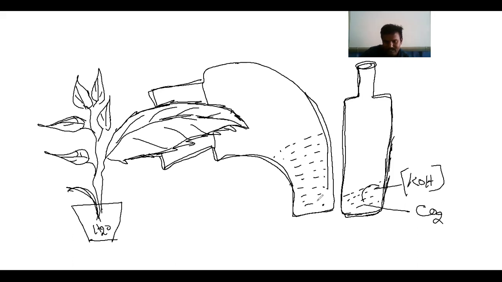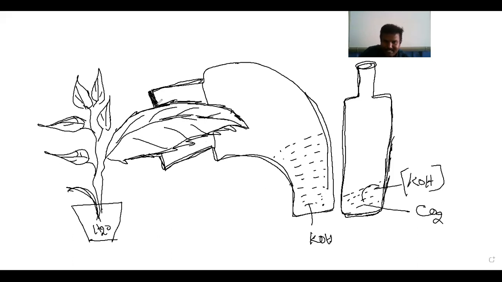This is called potassium hydroxide solution. When you fix this half leaf into this beaker, there will be a gap in between these leaves. So through this gap, there is a chance for carbon dioxide to enter.